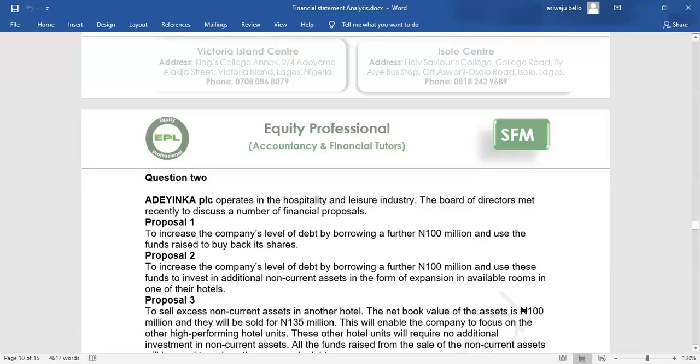With the DuPont identity, you can use three ratios to explain return on equity.